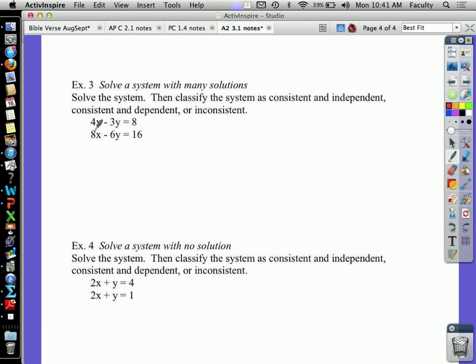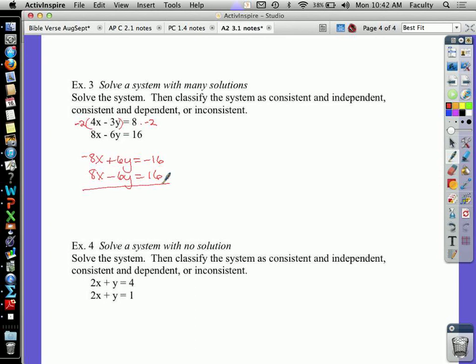So if I look at the 4 and the 8 in front of the x, if I could multiply that by a -2, and then line it up with the second equation, now the x's have opposite but the same number.